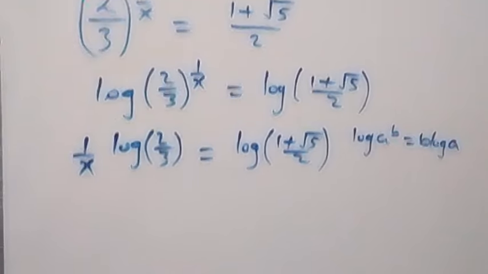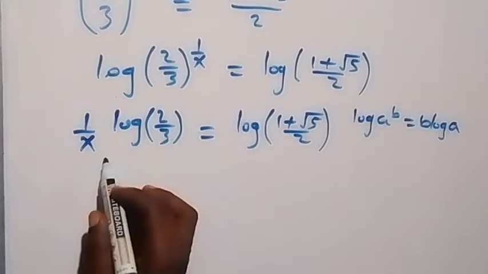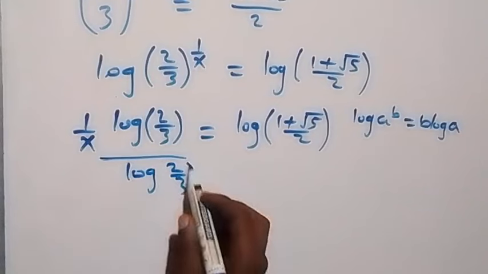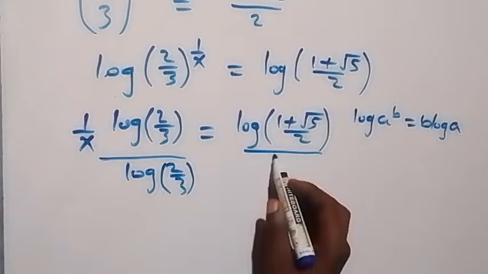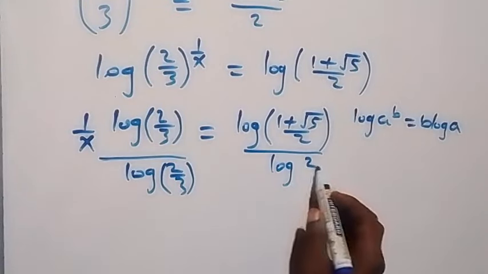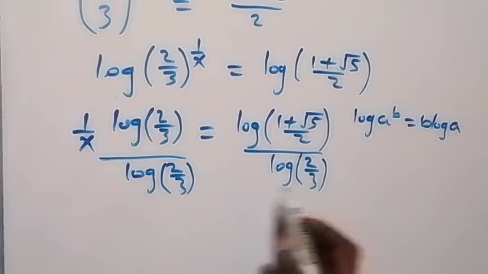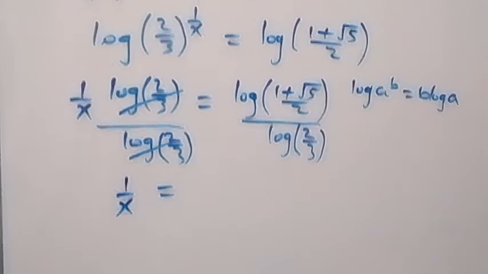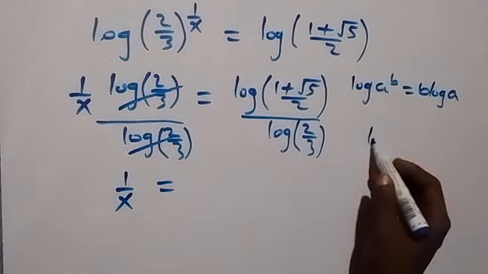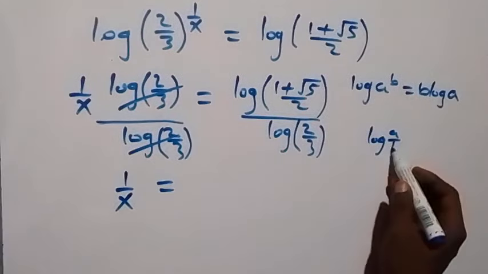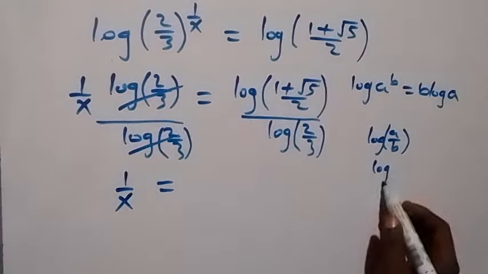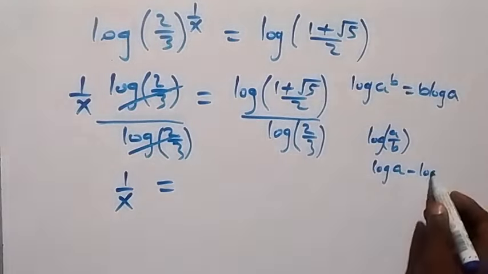Then here we can divide both sides by log 2 over 3, and log 2 over 3 cancels out. Then we have 1 over x equals, here we can separate this: when we have log a over b, this can be written as log a minus log b.